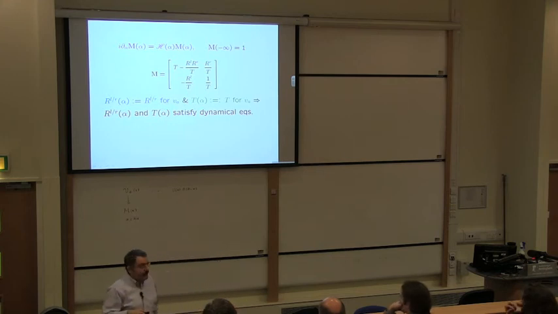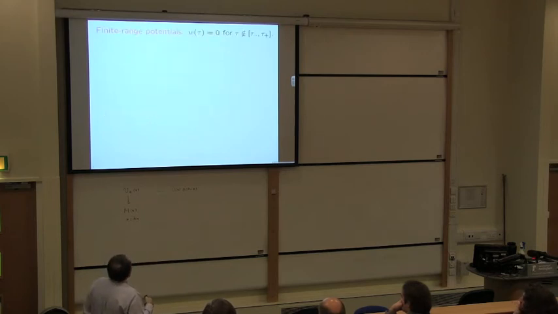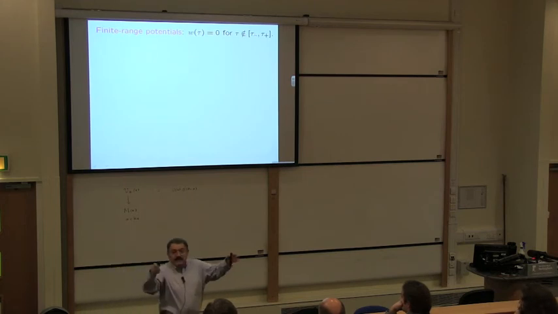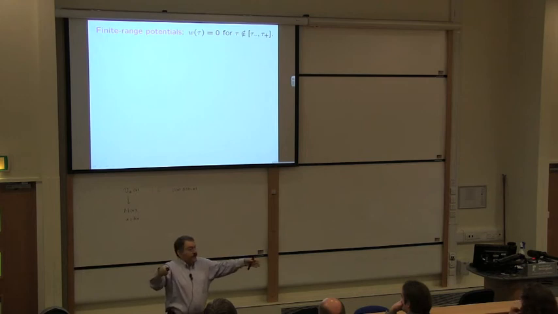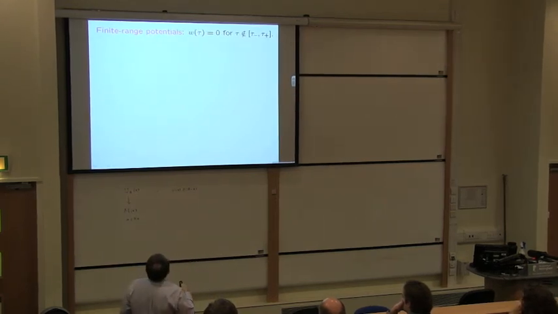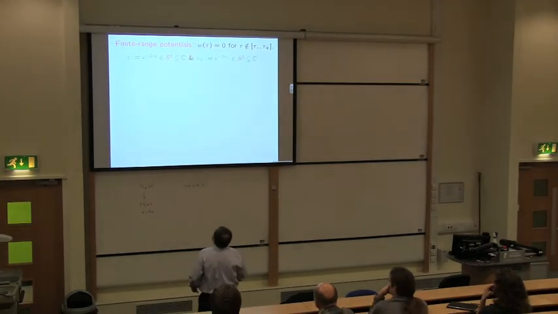Fortunately, I could decouple them after, I don't know, 20, 25 pages of calculation. It requires a new set of variables. So suppose I have a finite range potential, so the potential vanishes outside some interval. You can get the other potential by taking the limit of the endpoints to go to minus and plus infinity, and you introduce a new variable, z.